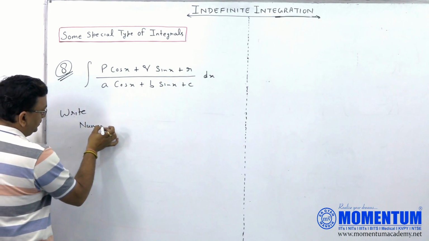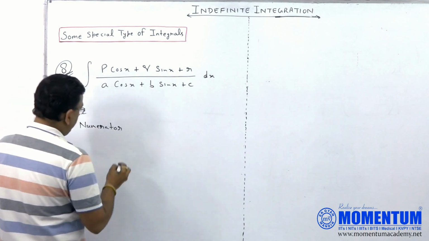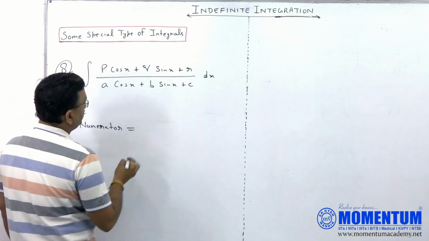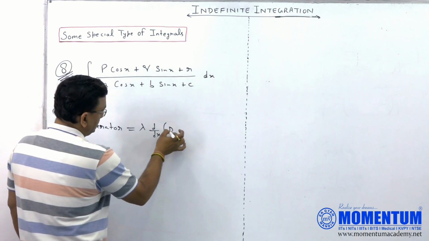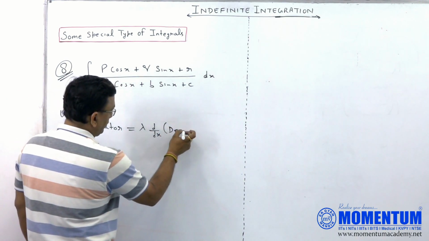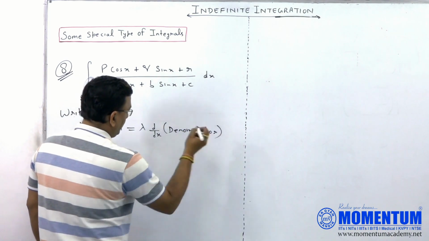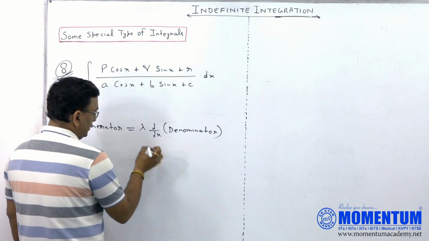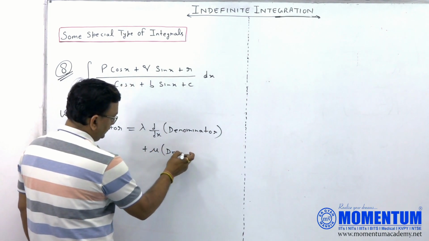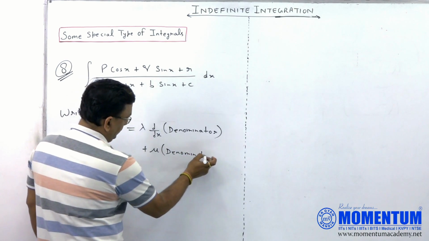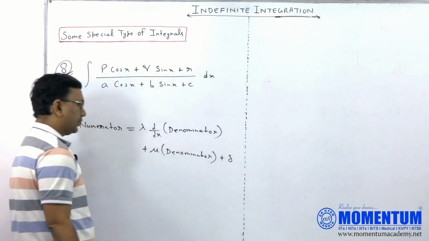Write numerator is equal to lambda times differentiation of denominator plus mu times denominator plus some delta.